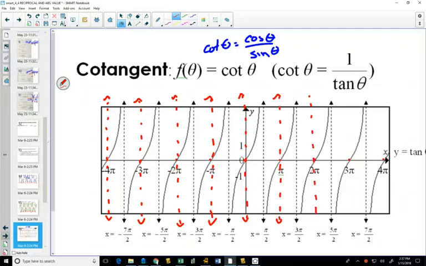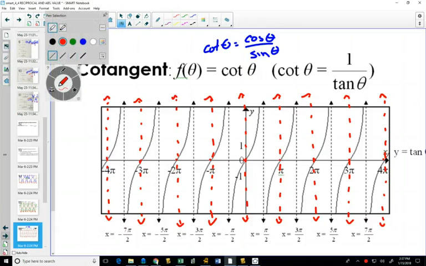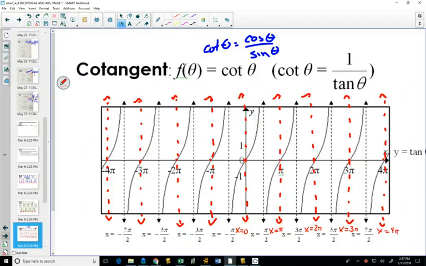And if we think of the graph of cotangent being equal to cos over sine, all of these values, starting at x equals 0, x equals pi, 2 pi, 3 pi, 4 pi, and their negatives, are values where sine is equal to 0.